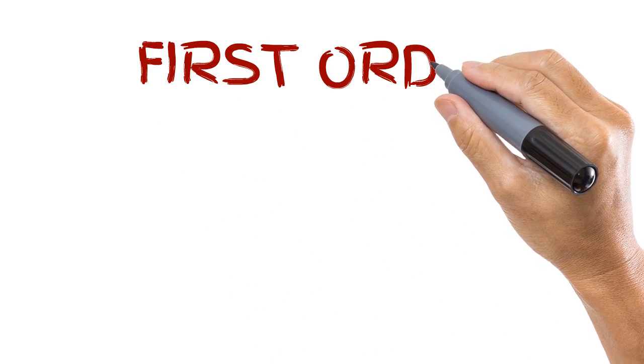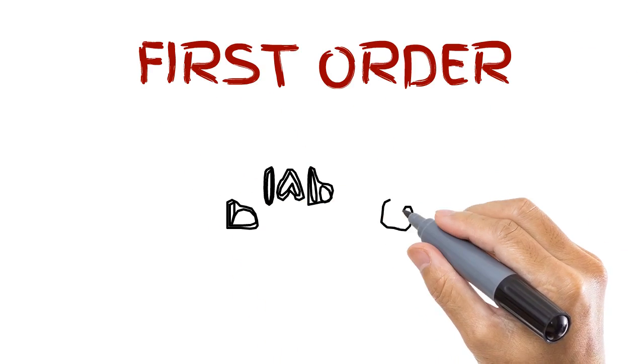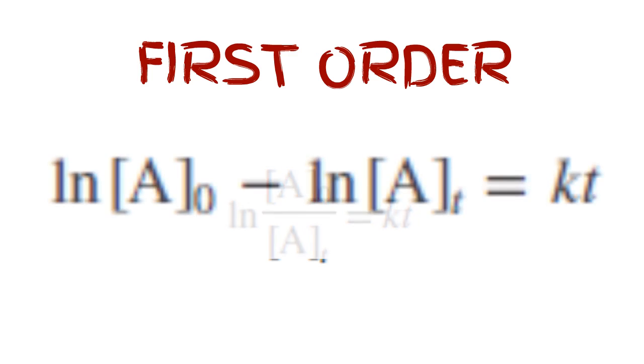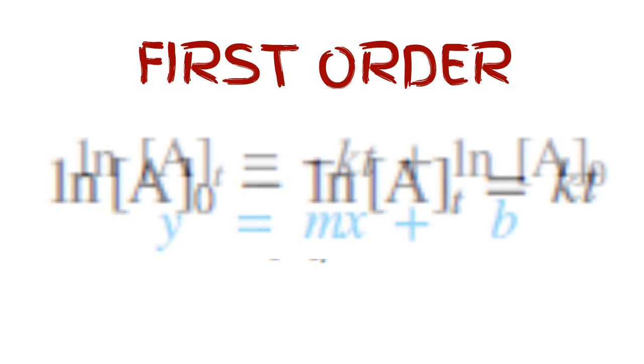For a first order reaction, we have natural logarithm of concentration of A naught over concentration of A at time t equals kt. We know that natural logarithm a over b equals natural logarithm a minus natural logarithm b. So we have natural logarithm A naught minus natural logarithm A at time t equals kt.